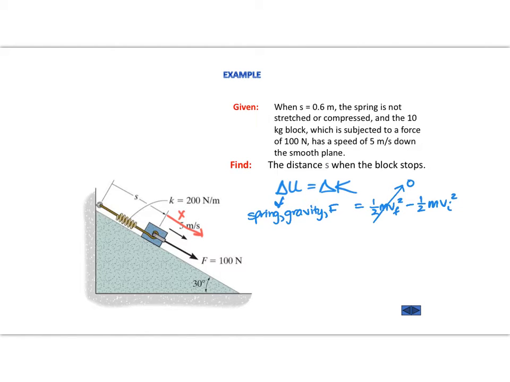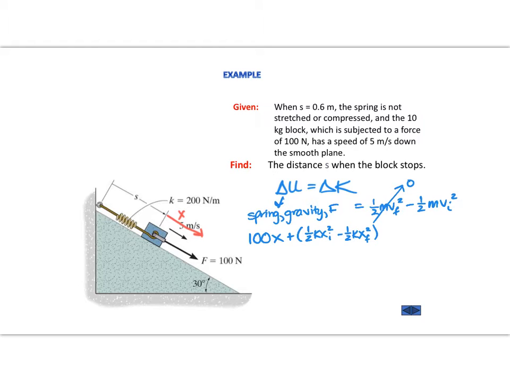Okay, so now let's write the expressions for the work done by the spring and by gravity and by the force. I actually wrote the work done by the external force first, which is just 100 newtons times the distance that the block is going to move. And then the work done by the spring is listed as 1/2 kx initial squared minus 1/2 kx final squared.